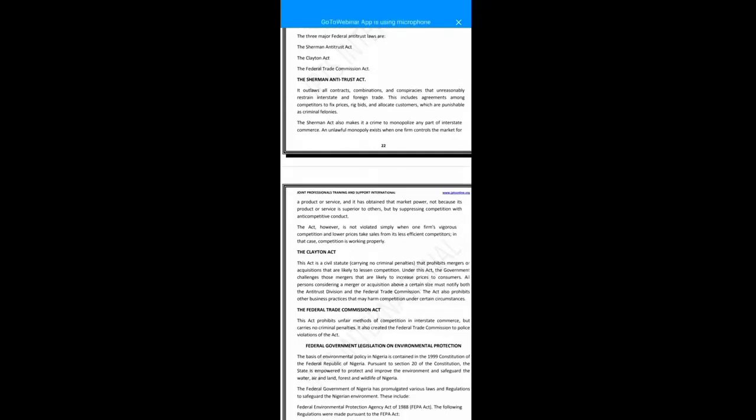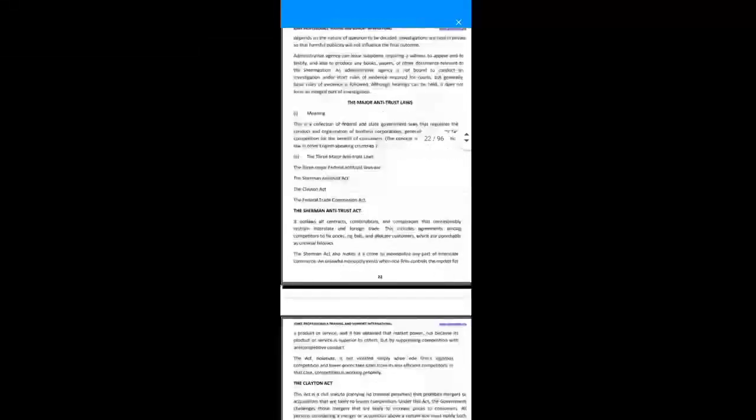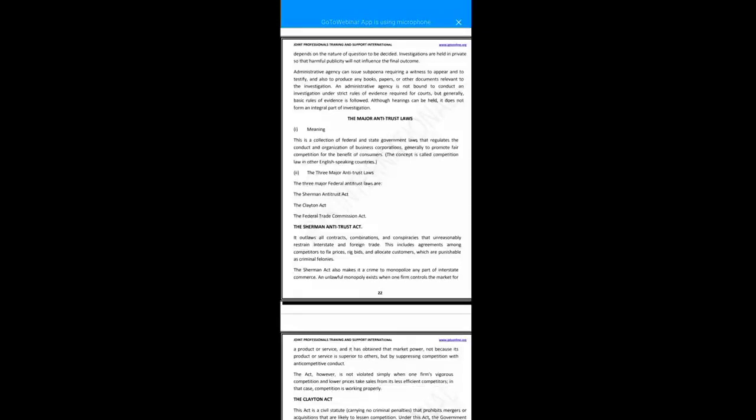The act doesn't carry any criminal penalty, as with the Clayton Act. But the Sherman Act carries a criminal penalty, which is punishable as a criminal felony.